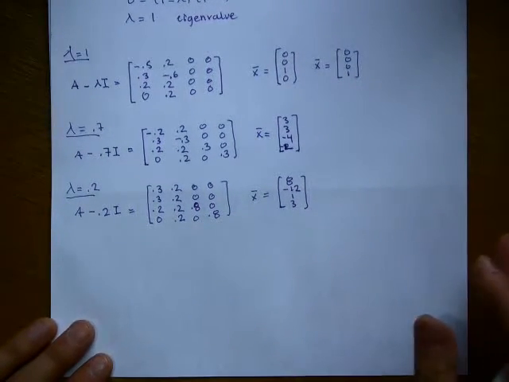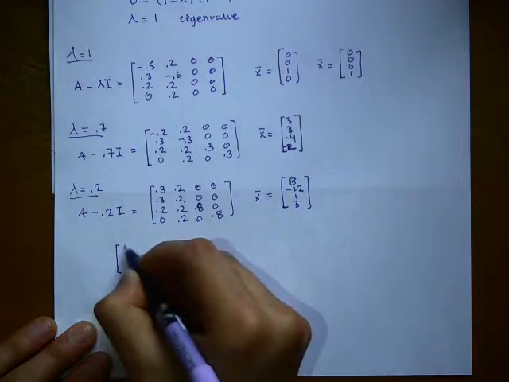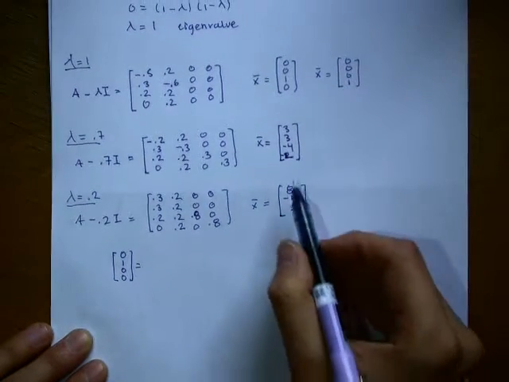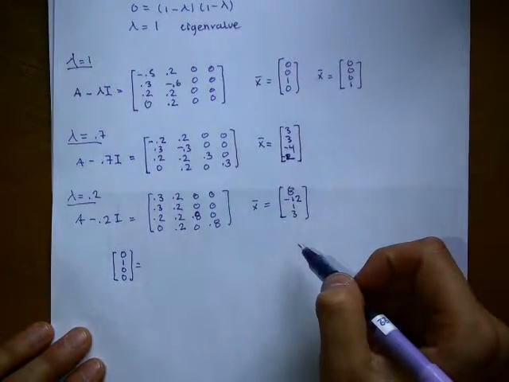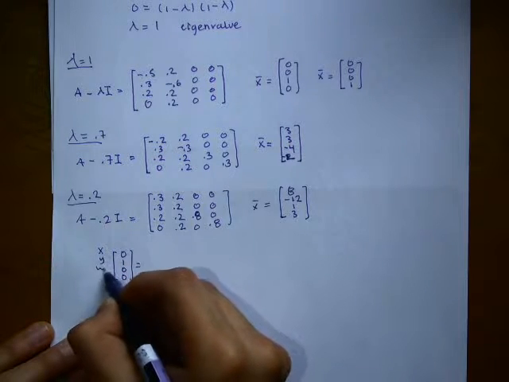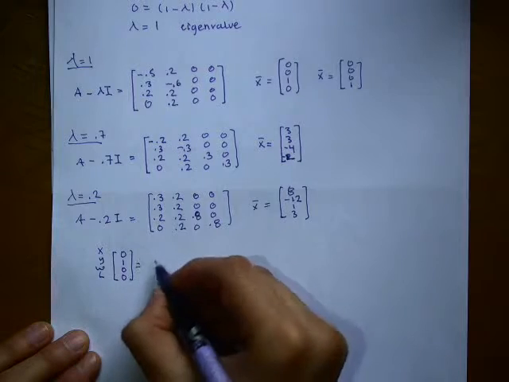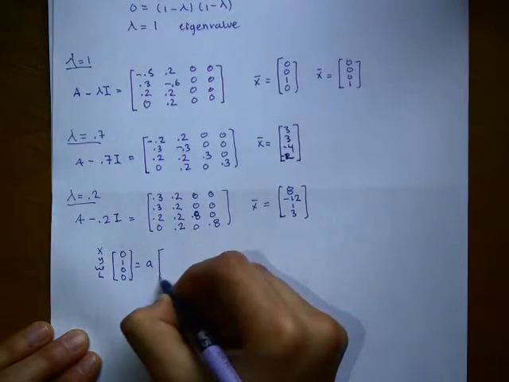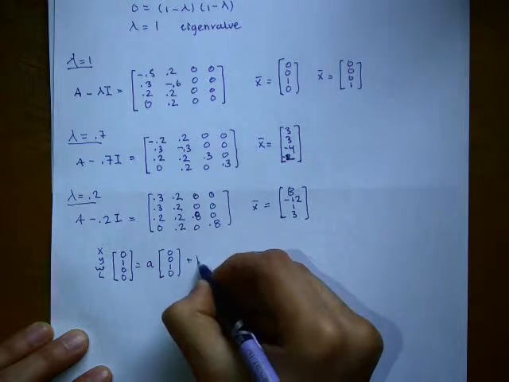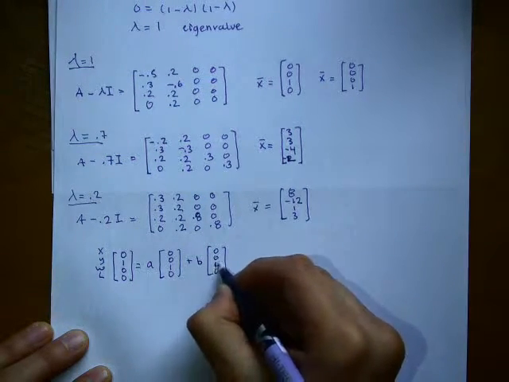Now what we want to do is set up an equation to express our starting point in terms of each of these eigenvectors. Our starting point is this because we're starting on node y. We're going to have some part of our first eigenvector plus some part of our second eigenvector.